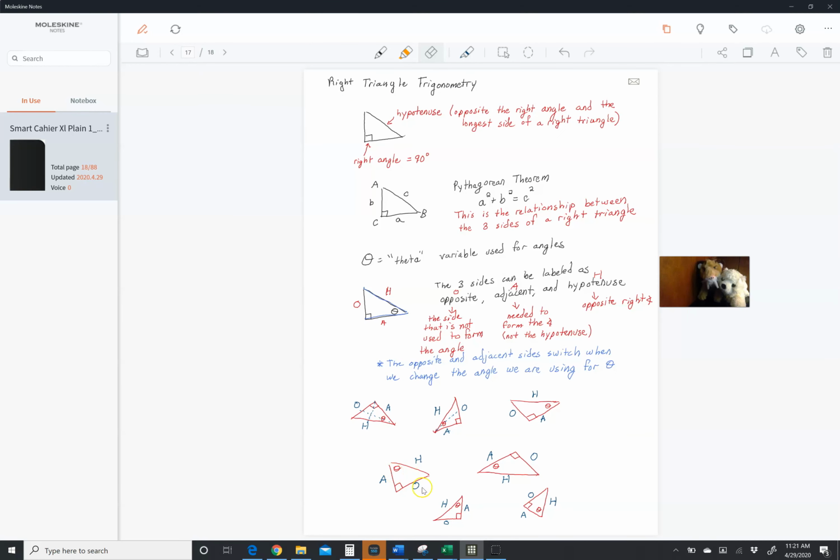If we don't have an angle, how are we supposed to know which is the opposite, which is the adjacent, and which is the hypotenuse? Over here, how would you label which is opposite, adjacent, and hypotenuse? You wouldn't know. The hypotenuse you know, because it's always opposite the right angle, but the opposite and the adjacent, you would have no idea. So you would need to be taking the sine of an angle.